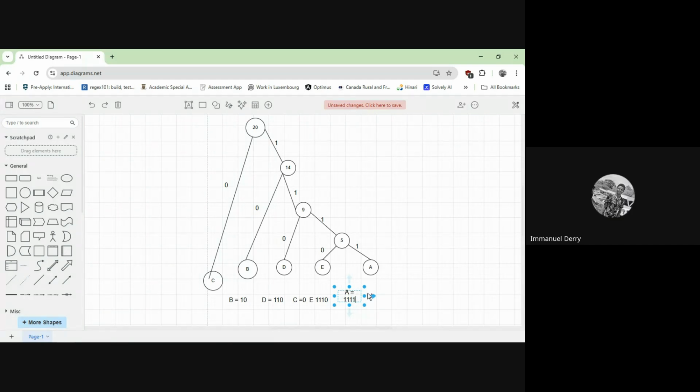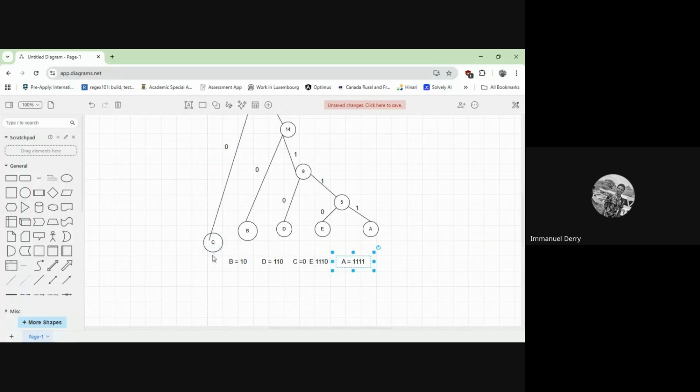Okay, so this is how the file is going to be represented in the memory space. But you realize that some of them are in 4 bits, others are in 2 bits and 3. So it's better to make it balanced by adding extra bits to each of them to make sure all of them have the same number of bits. So assuming that this A had 5 bits, you have to make sure all the others have 5 bits.